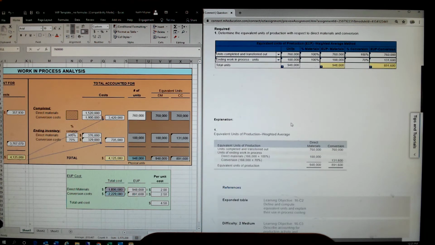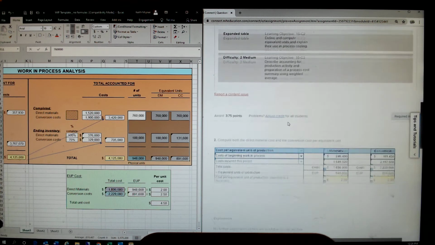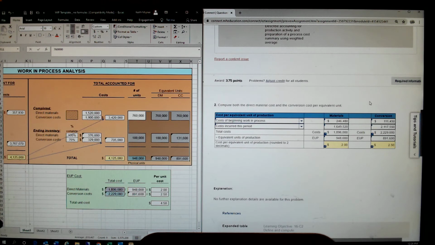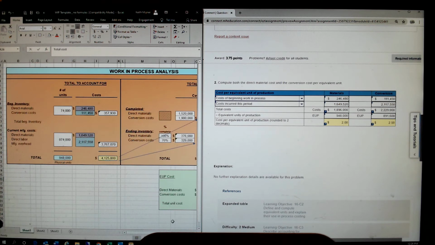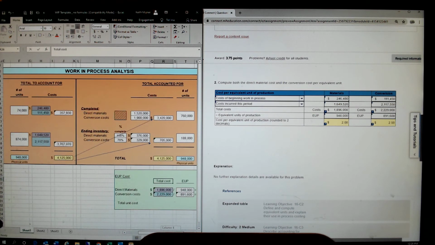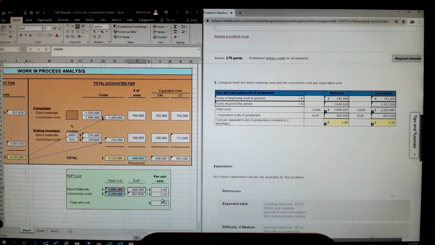Next, they want the per unit cost. So essentially, that's what's right here. Now, I did it horizontally. They're doing it vertically. So notice the material costs: I took my two material costs, the 246,480 and the 1,649,520, and divided by the 948 to get $2 a piece.